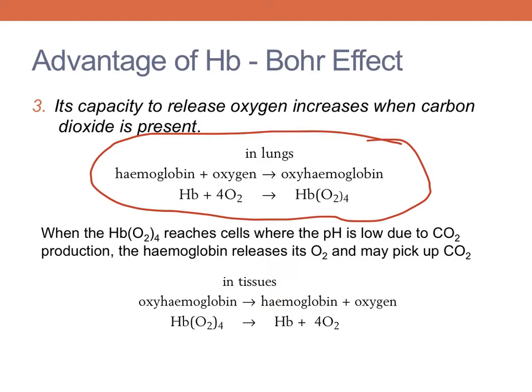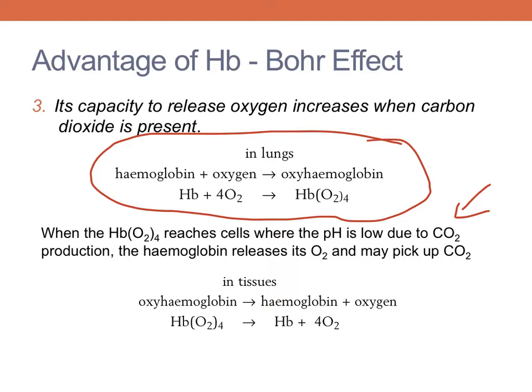That's the form. When the oxyhemoglobin reaches cells where the pH is low, remembering that CO2 turns the pH of the cells to an acidic level because it produces hydrogen ions.